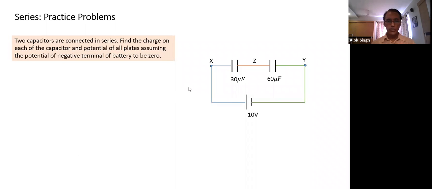Before I start the question, one formula I know is C is equal to Q by V for a capacitor. So if voltage and capacitance are given, I can find out charge. When I look at this, I can't apply that formula directly because there are two capacitors. First I need to notice what kind of connection these two have.